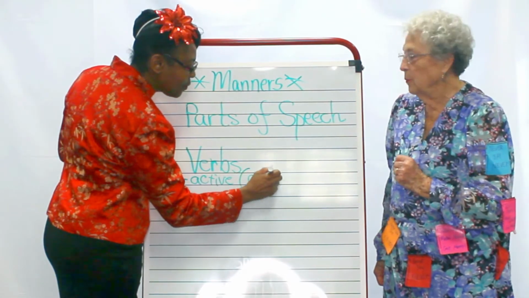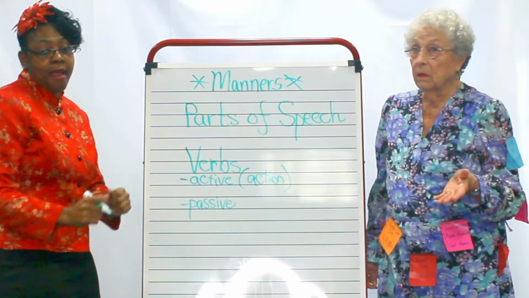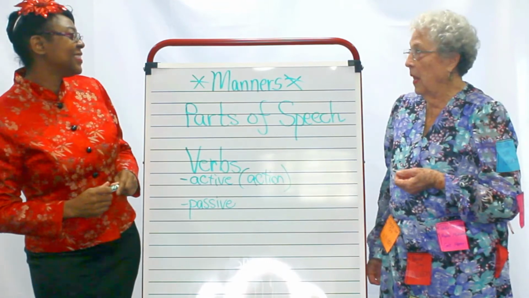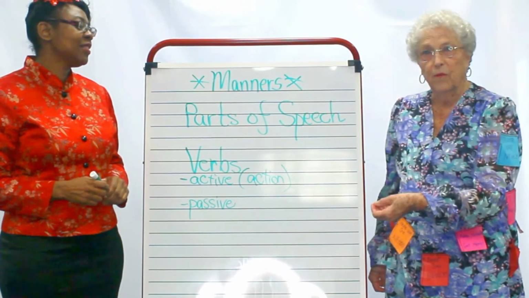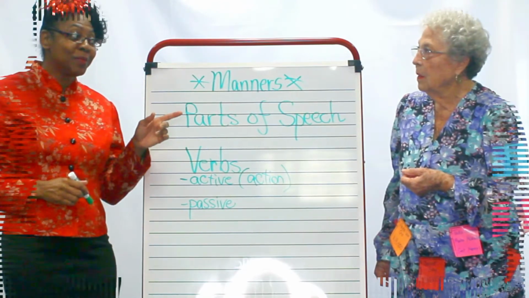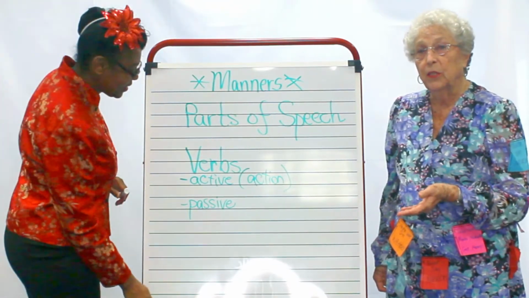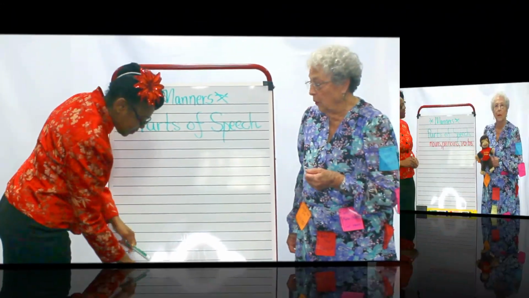It is showing action. All right. So who's doing the talking right now? Miss Jessica. Okay, Miss Jessica is talking. So is talking the verb, and Miss Jessica is the subject, or the noun. The noun. Let's try some simple sentences using nouns, pronouns, and verbs.